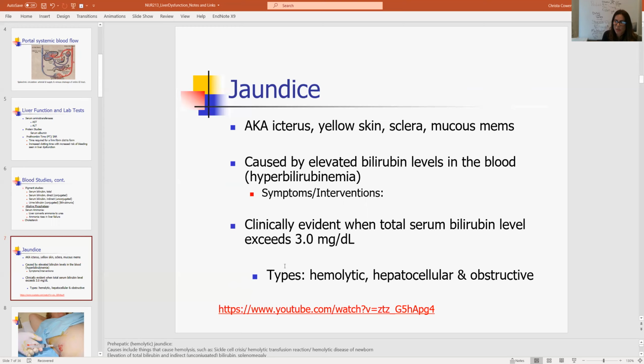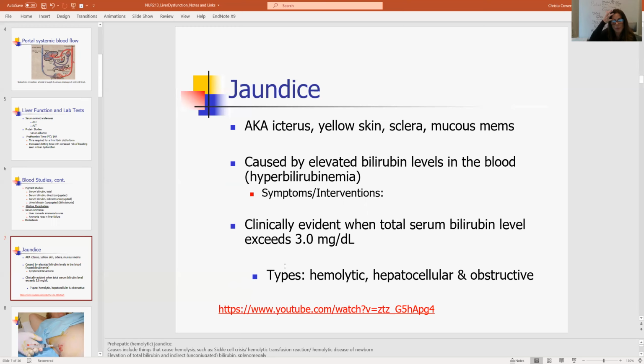It really depends on the patient, but typically we see clinical evidence of jaundice when the bili is greater than 3. So if I look at the labs and I see a 3.2 bilirubin, I know that I'm going into a room where the patient has very yellow skin. So I know that I'm going to start my teaching about antipruritics, oatmeal bath, and I'm going to do all that teaching with this patient at the bedside.